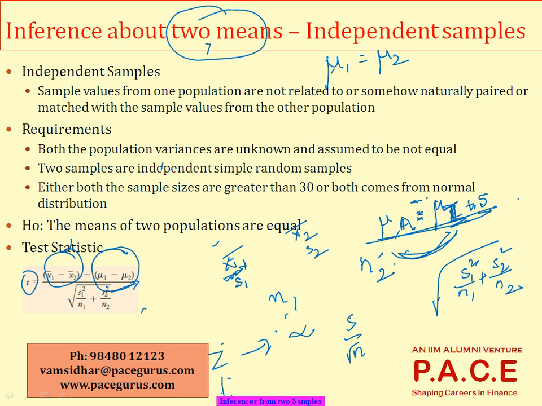Whereas if I want to find the critical value of t, I need two things: the level of significance and also the degrees of freedom, because the t value differs for different sample sizes. In the single sample case, the degrees of freedom was straightforward: number of samples minus 1. Whereas if I am talking of two different samples like this, there are two schools of thought.